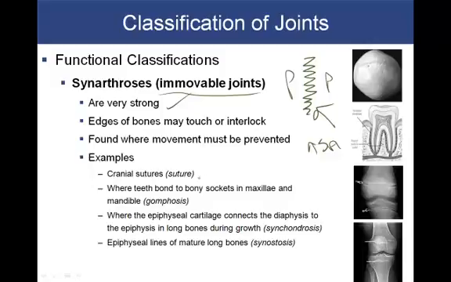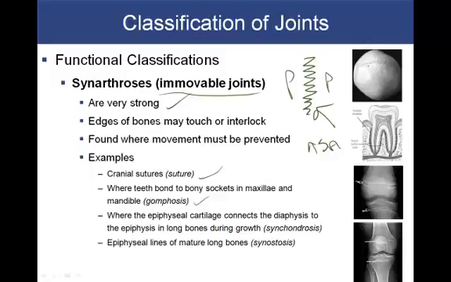Examples would be the cranial sutures, where a tooth fits into its socket. This is a type of synarthrotic joint. Your teeth should not be shifting around. And then synarthroses are found associated with both the epiphyseal growth plates as well as the growth lines that are associated with maturity.